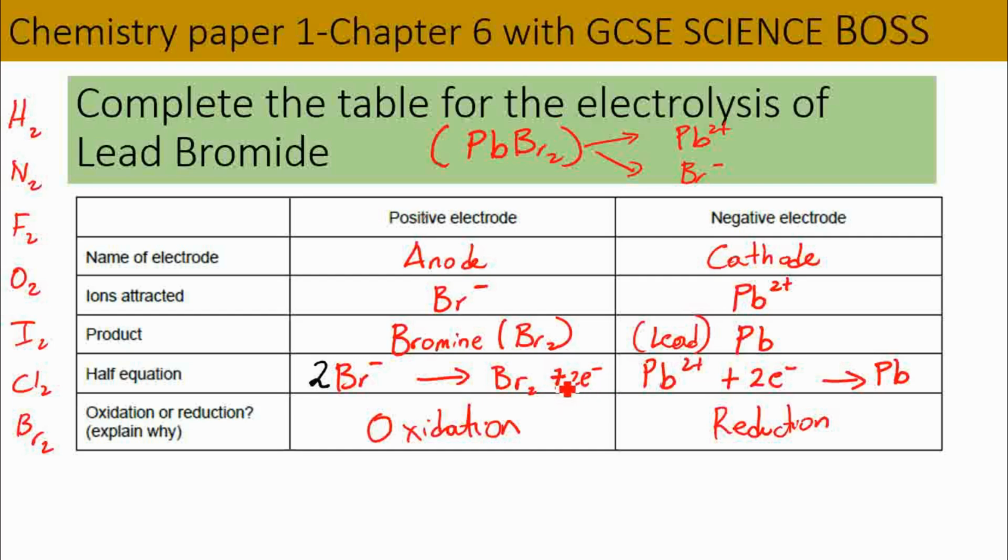It just means that it is a product of the reaction. Do you realize now that the 2 electrons which are lost at the positive electrode are those same 2 electrons gained by the negative electrode, which therefore means that electrolysis reactions are redox reactions, which means that oxidation and reduction are taking place at the same time.